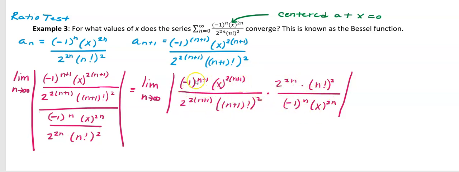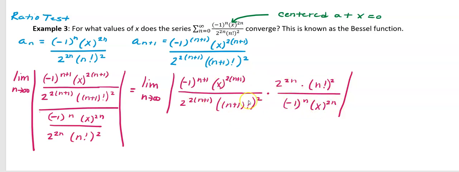This is still my numerator to the left: -1 to the n plus 1 times x to the 2 times n plus 1 over 2 to the 2 times n plus 1 times the n plus 1 factorial squared. And that is then being multiplied by the reciprocal of a sub n, which is 2 to the 2n times n factorial squared over -1 to the nth power times x to the 2n power.